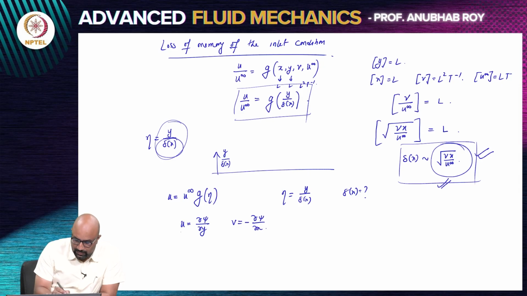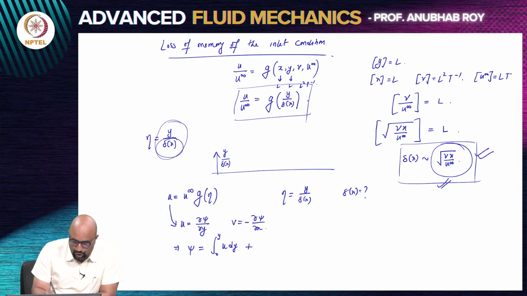Now, given this particular definition of u, I can try computing what psi is. So, psi is going to be the integral from 0 to y of u dy. Now, is this entirely correct? Psi is equal to the integral from 0 to y of u dy.